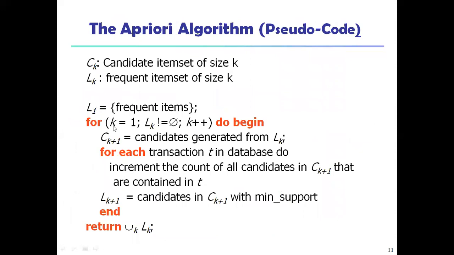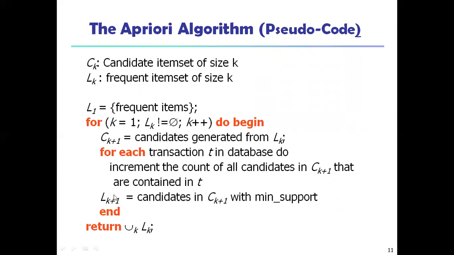That's what for each transaction T in the database means. Now LK plus 1 is the candidates in CK plus 1 with the minimum support count. So if the CK plus 1 in the LK has a minimum support count, then it can be taken into account. Then we have to return the combination of the values.